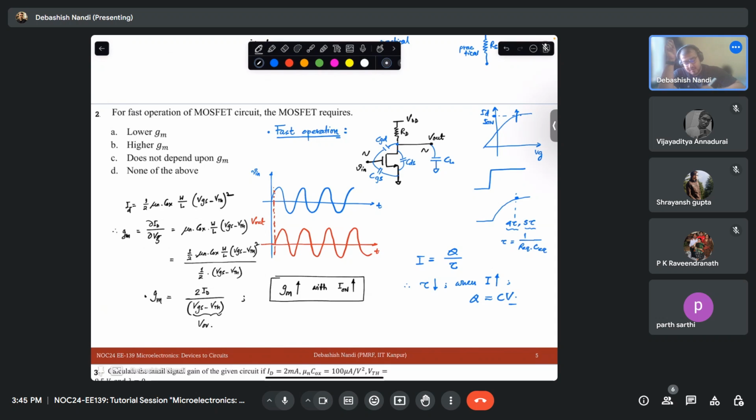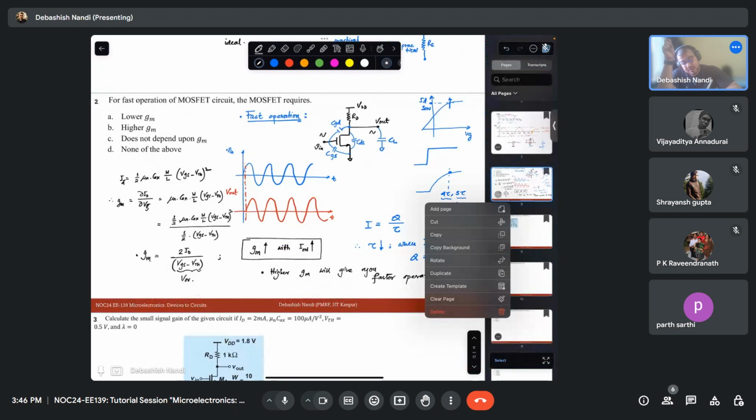So higher GM will give you faster operation of MOSFETs.